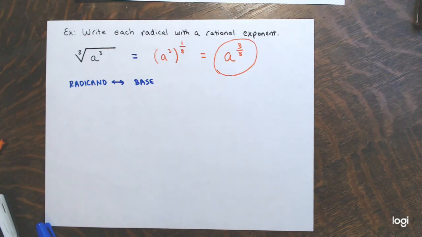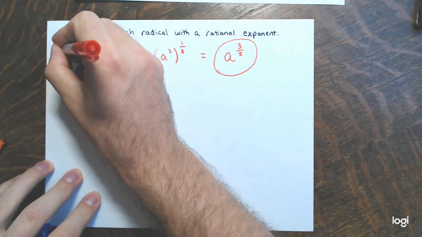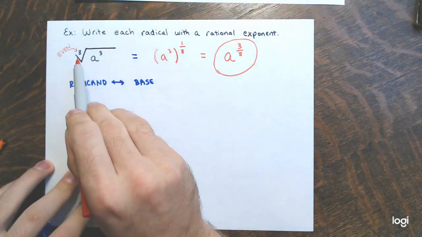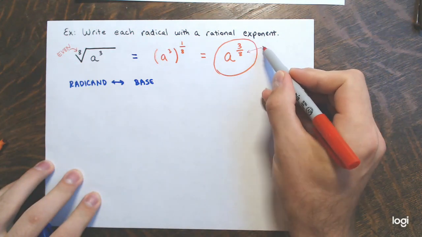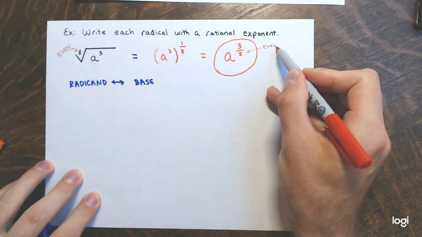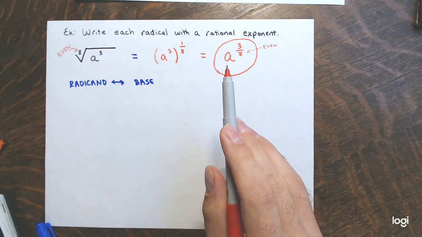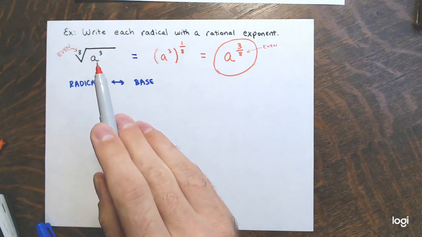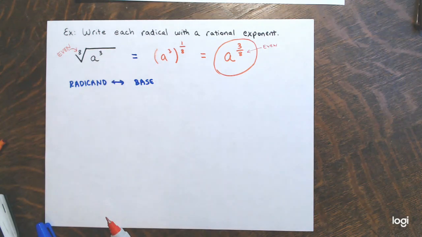What am I allowed to replace a with? So notice that we do have an even index, right? The index is 8. Same thing here. This is an even denominator on this power, telling me that I'm taking an even root. So that means that a, or a cubed in this case, can't be negative.